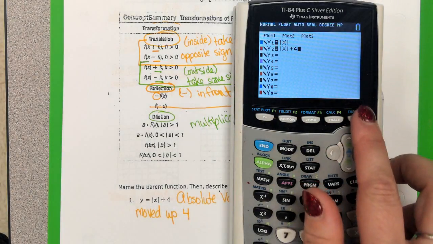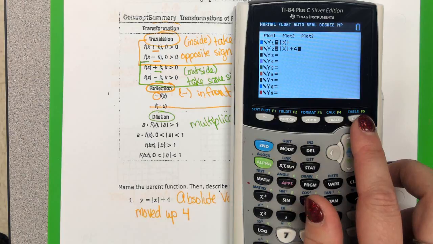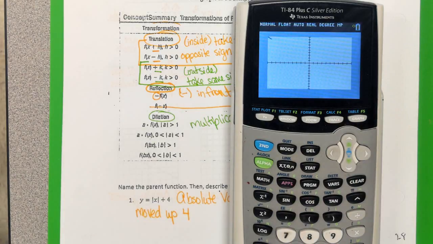All right. No, they're going to be the same thing. Yeah. All right, now when we hit graph, the very first thing that you're going to see is the parent function, which starts with the origin, right? The second thing that you're going to see is the transformation. So what happened? Where did it go? It went up 4. Are y'all visual? Do you see how it works? What's wrong? Are y'all okay?